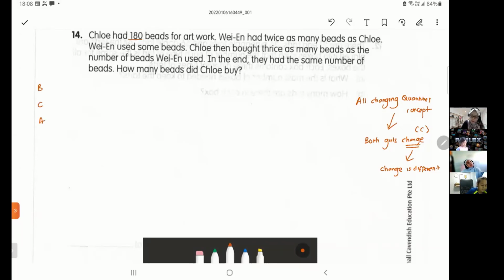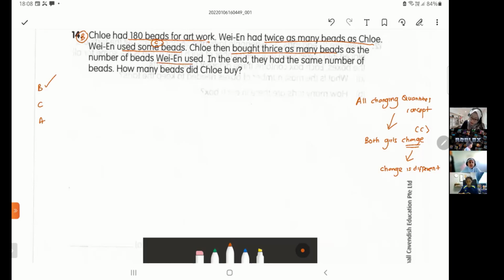Chloe had 180 beats for artwork. Wei-En had twice as many beats as Chloe. This is our before information from the first sentence here. I have my before. Wei-En used some beats. My change. Chloe then bought thrice as many beats as the number of beats Wei-En used.